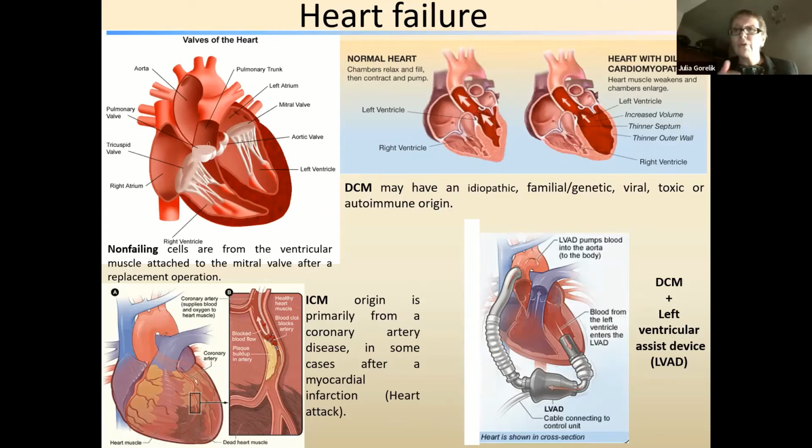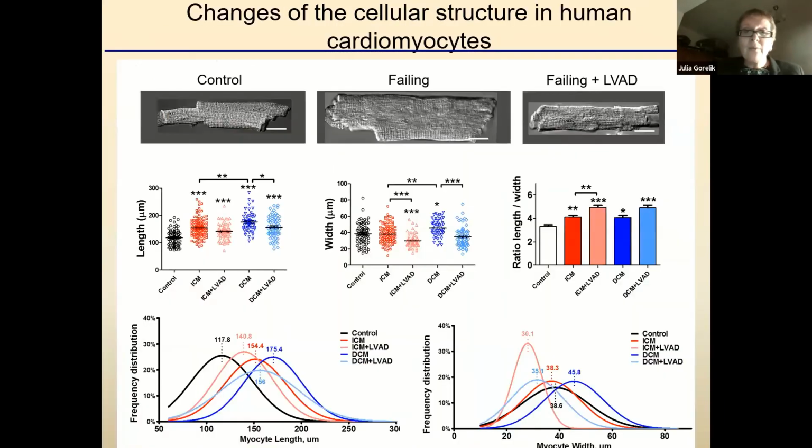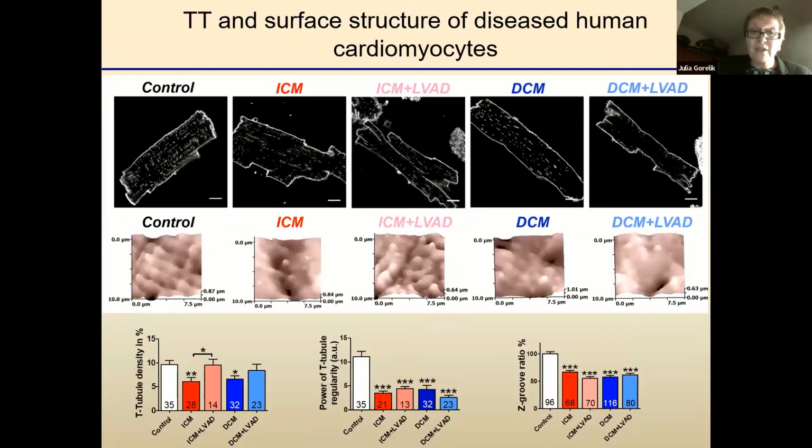And we use cells from all these patients, and also cells from patients with LVAD. And we found that potentially we have different populations during the patient's failure.